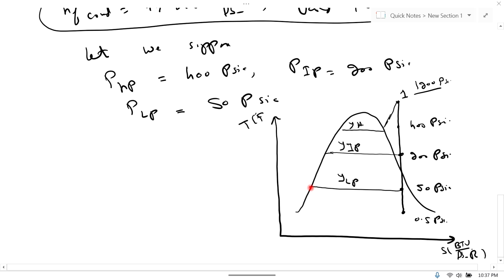So this is the pump section from 3 to 4. This is point 2, this is 3, this is 4, and this is 1, and we can name these 1 dash, 1 double dash, 1 triple dash.